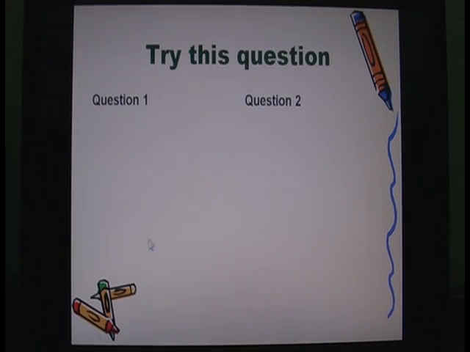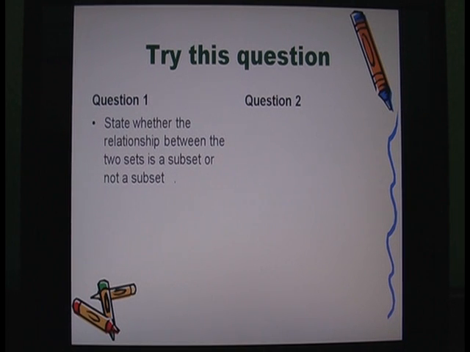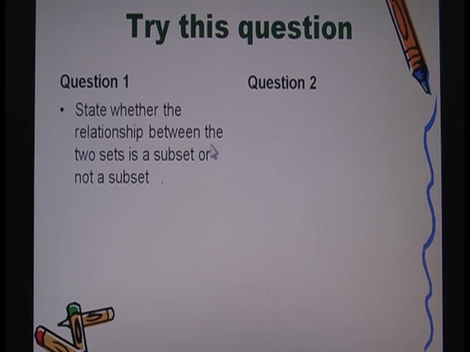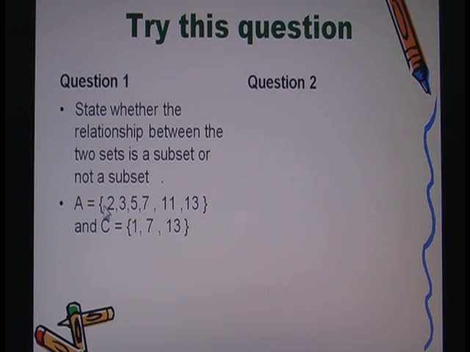Try this question. Question number 1. State whether the relationship between the two sets is a subset or not a subset. Here it is. A is equal to 2, 3, 5, 7, 11, and 13. And set C is equal to 1, 7, and 13.